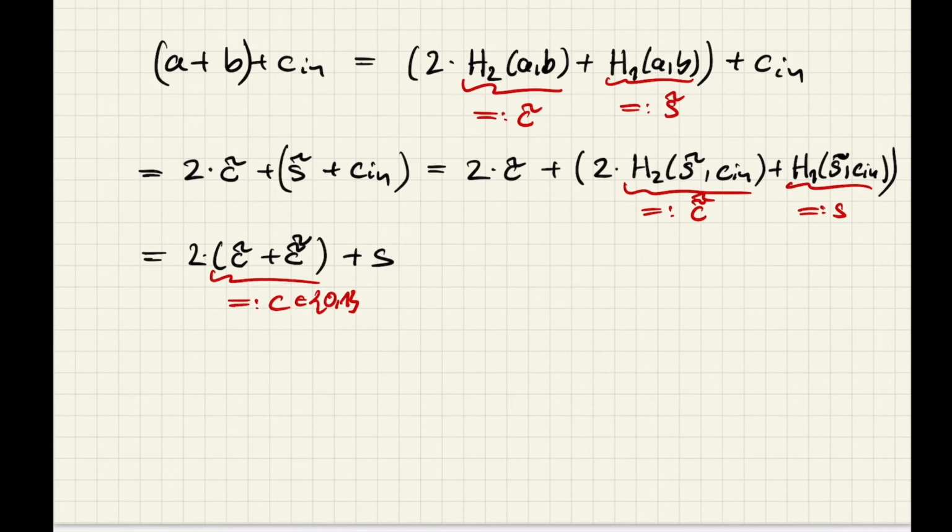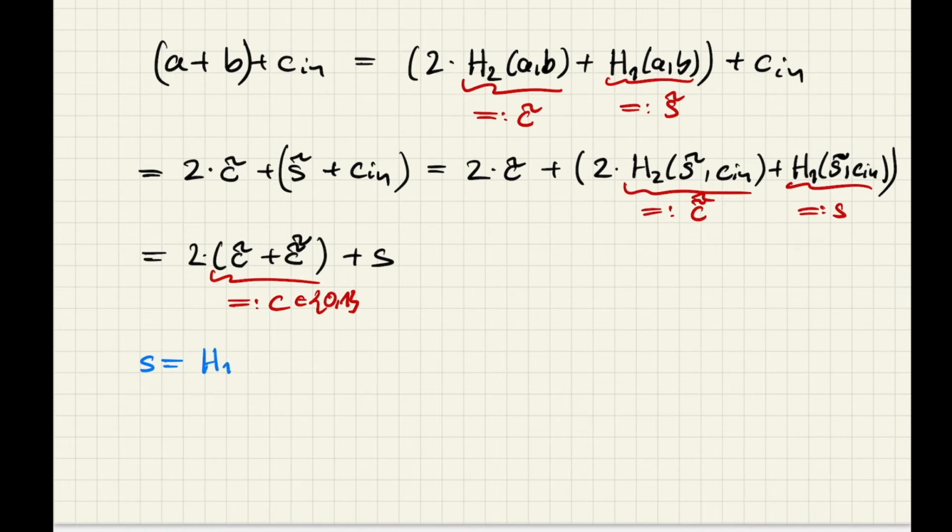Now let's write down how we actually compute with the two half adders, the s and the c. For s it's simply this here, and then we have to plug in the meaning of s tilde.